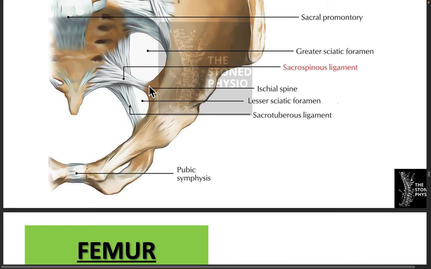Now the ligaments, we can see both the ligaments, the sacrospinous and the sacrotuberous, both having their attachment on the sacrum. And for the other attachment, sacrospinous means one attachment is on the sacrum and another attachment is on the spine. Which spine? Ischial spine. And that is the sacrospinous ligament, and the other ligament is the sacrotuberous ligament, between the sacrum and the ischial tuberosity, this one.